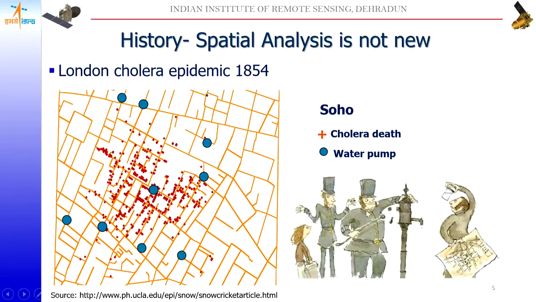Once he shared this with the authorities, the first step was to take the handle off that water pump so people couldn't draw water from it, and the number of deaths came drastically down. So this was an early example where spatial analysis was used to relate one phenomenon with another, and to convince the authorities to take preventive actions to reduce the deaths.